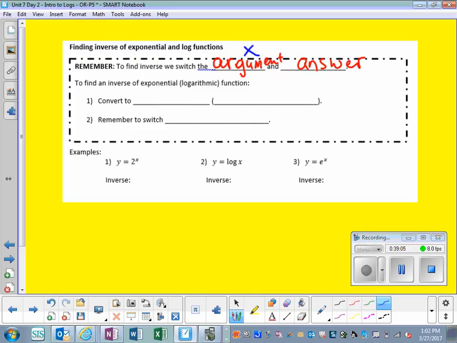We switch x and y. So to find the inverse of an exponential function, we convert from exponential to log. If we need to find the inverse of a log function, we convert from log to exponential. So we just convert to the other form, and then remember to switch x and y.